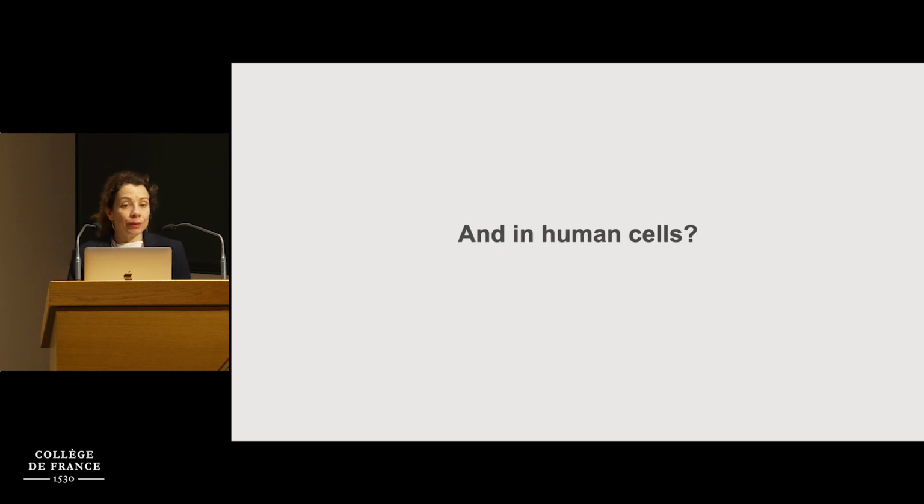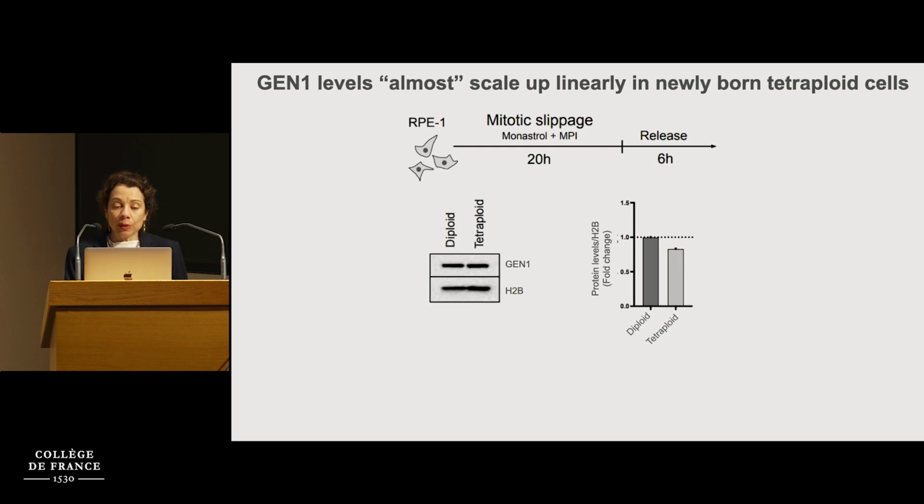So what happens in human cells? Again, we look at the levels of Gen. Remember about the lack of scaling up. Actually, we were surprised to see that in RPE1 cells, in newly born tetraploids, Gen1 is almost scaling up, as you can see over here, when normalized by H2B levels.